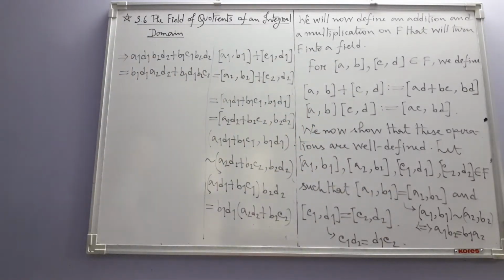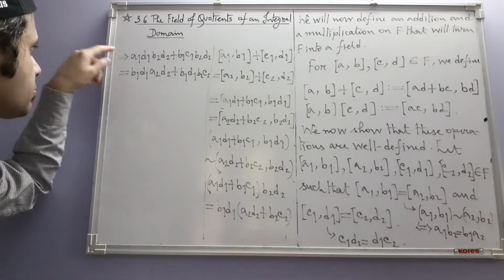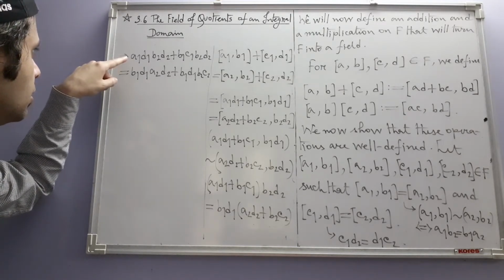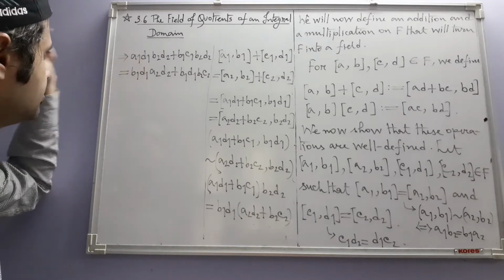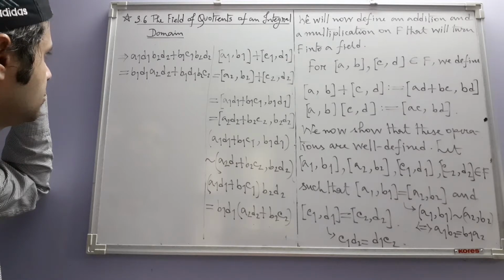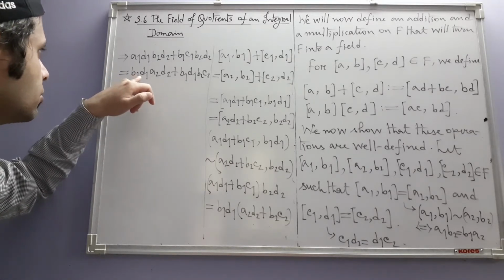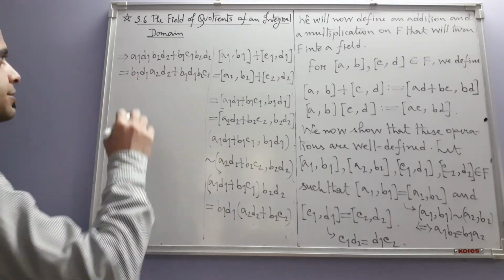Now let's look at this. A1 D1, okay, but here we have A2, okay, A1 D, okay, yes.